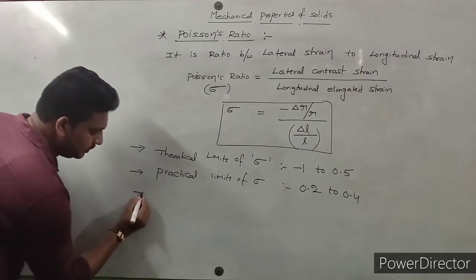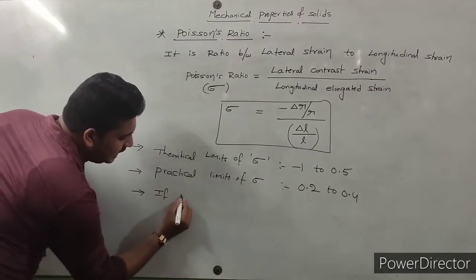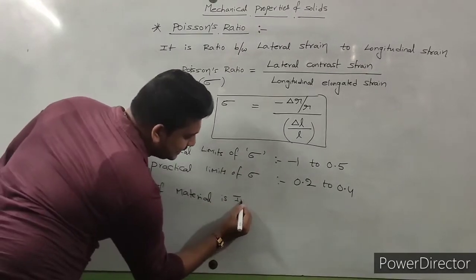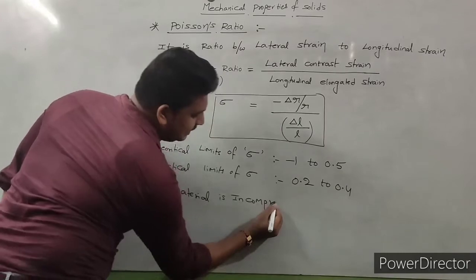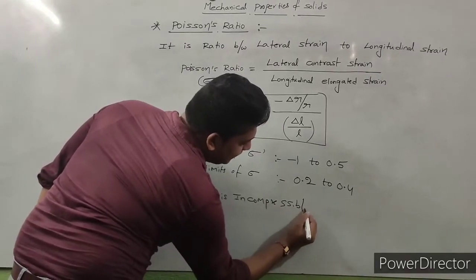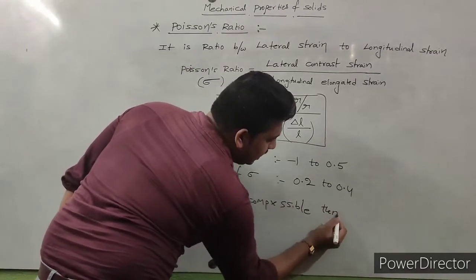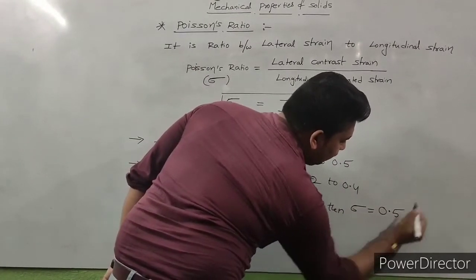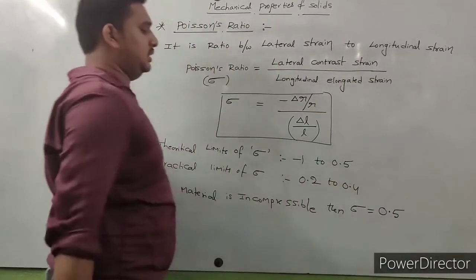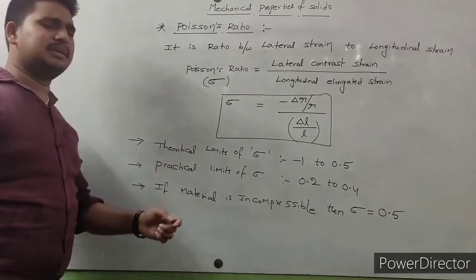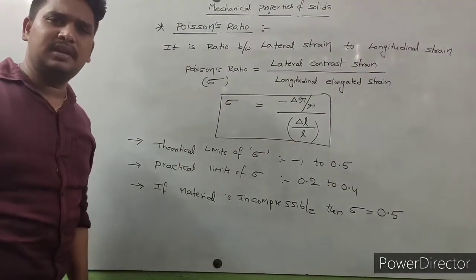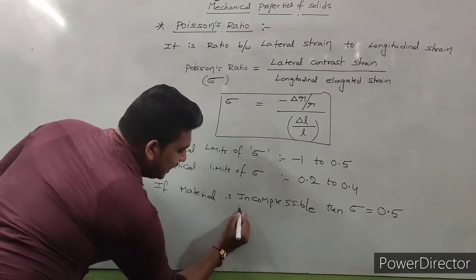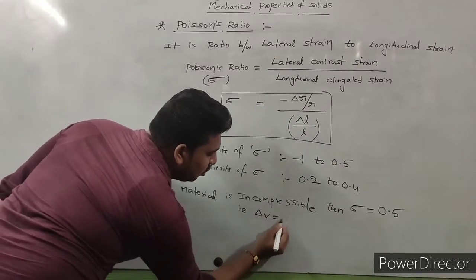If the material is incompressible, then Poisson's ratio is equal to 0.5. That means Poisson's ratio is maximum. If the material is incompressible, delta V is equal to 0.